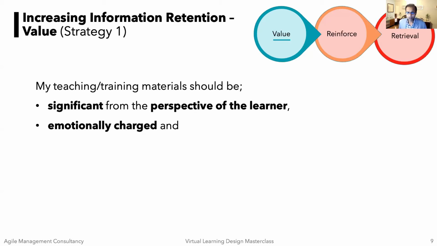Now, one of the best ways to add value, that's strategy 1, is to inject passion and interest in what you're doing. How do you inject emotions? How do you demonstrate that? Demonstrating emotion is not a sign of weakness. Demonstrate your energy.